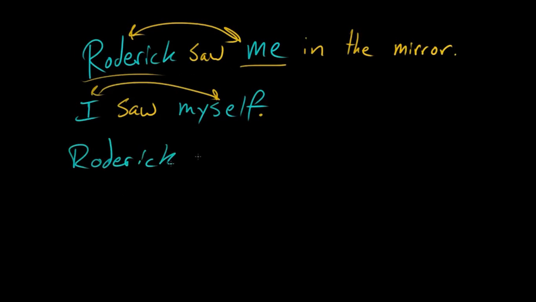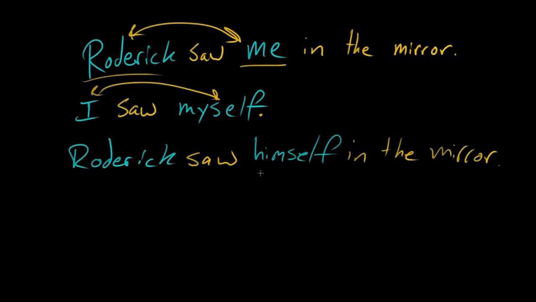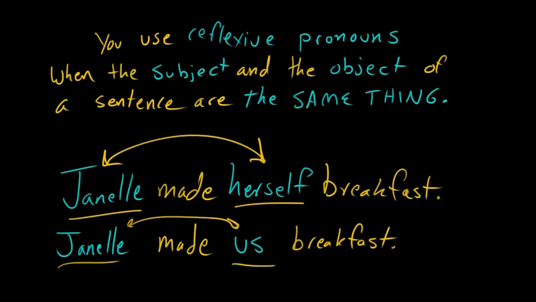So, if we were to say Roderick saw Roderick in the mirror, we would render that as Roderick saw himself. Because the subject here and the object here are the same thing. So remember, you use reflexive pronouns when the subject and the object of a sentence are the same thing.